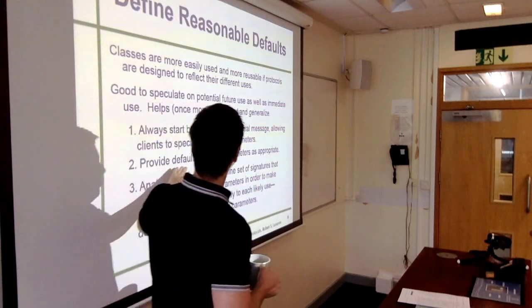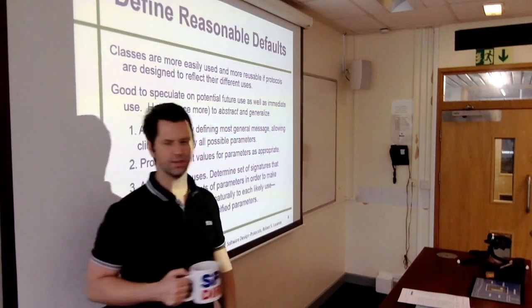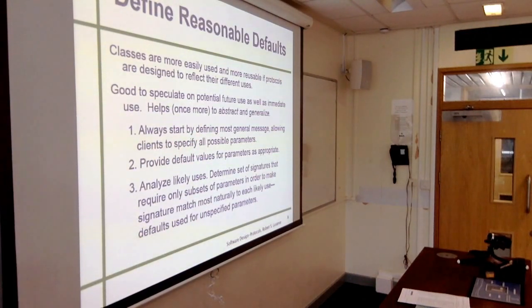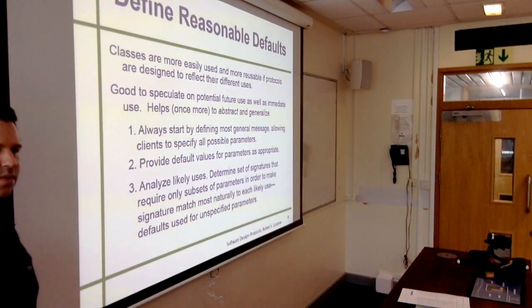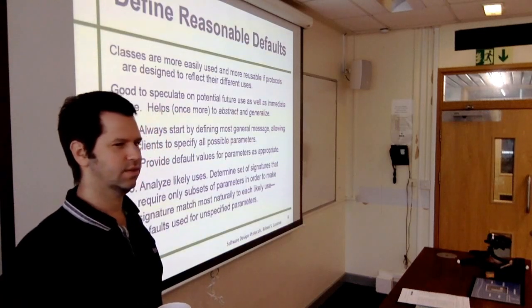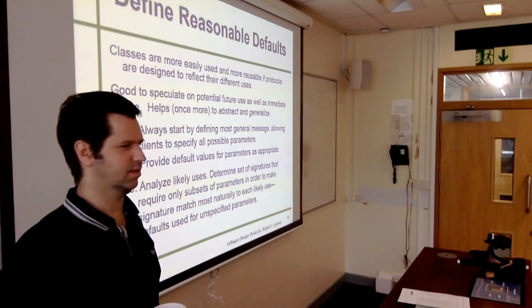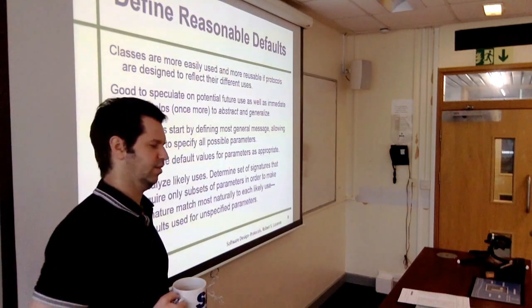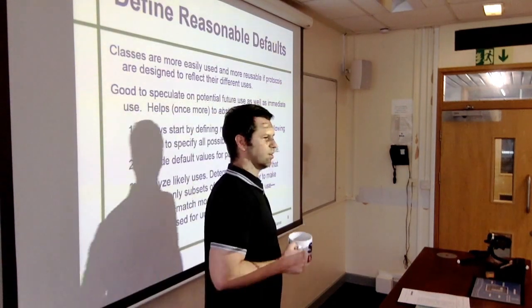Provide default values for parameters as appropriate. Default values have absolutely huge consequences. Does anybody know why default values have such huge consequences? That's not an obvious question and answer. That's not something I would expect people to know necessarily.